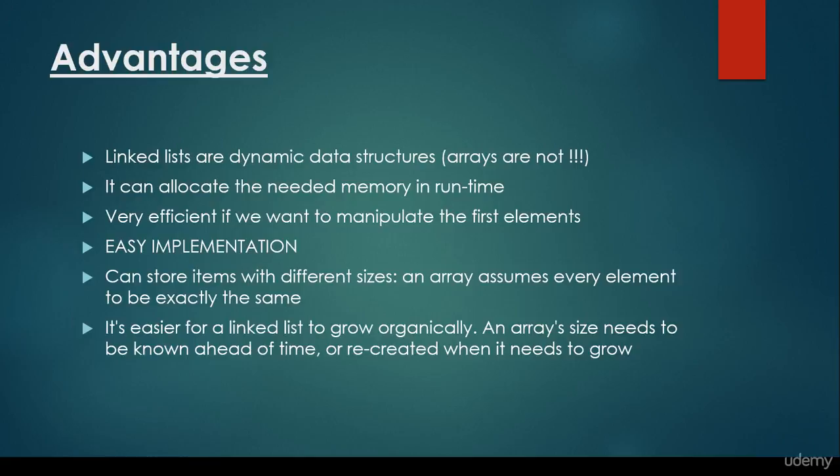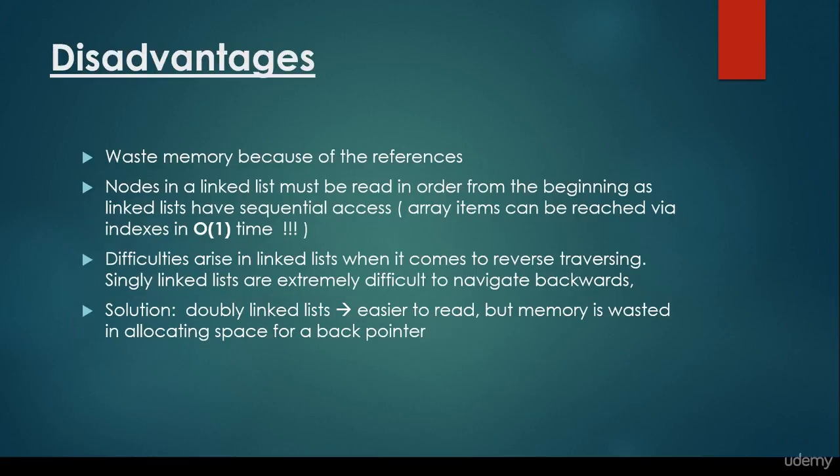An array size needs to be known ahead of time or recreated when it needs to grow, and this reconstruction of the array takes O(n), linear time complexity. Here, for linked lists, we are able to add a new node. We just have to update the references, the pointers, and it can be done in O(1), constant time complexity. What about the disadvantages of linked lists?